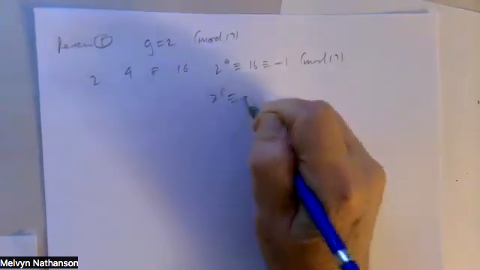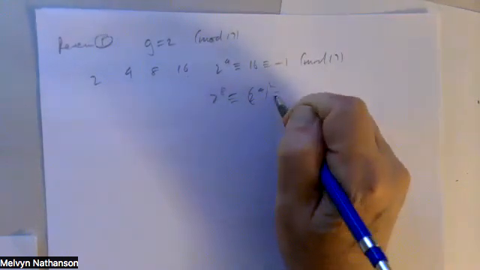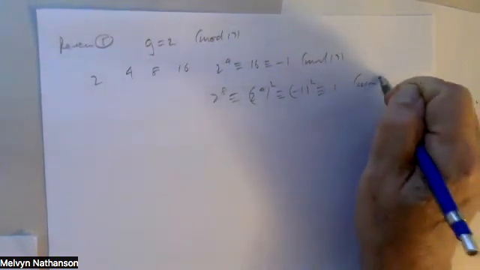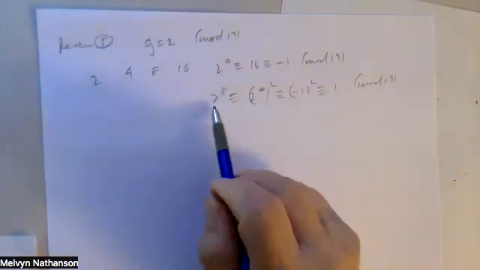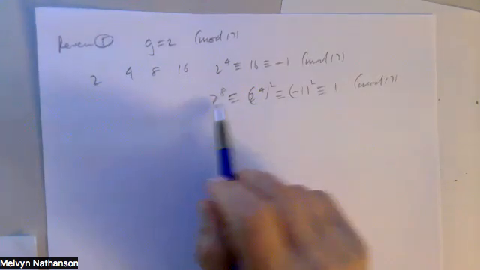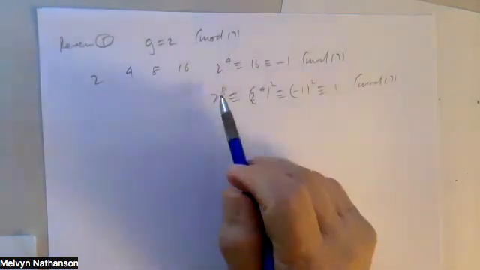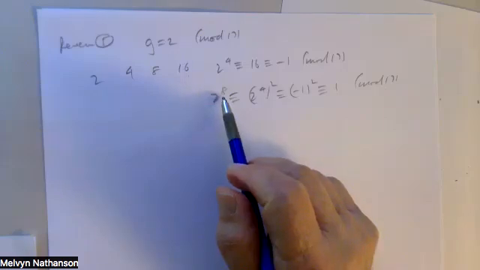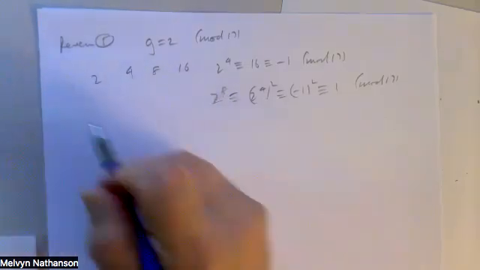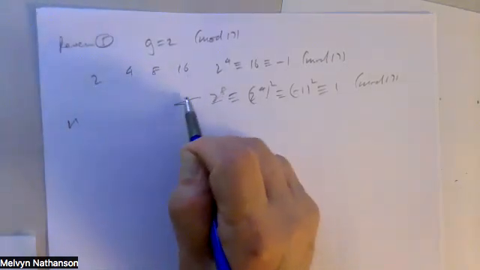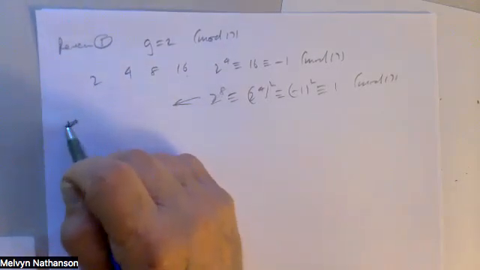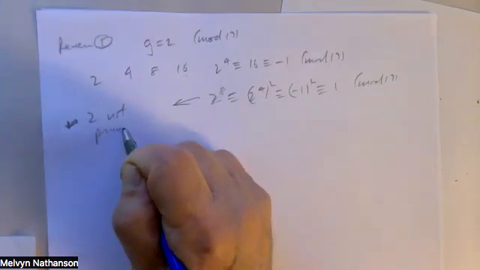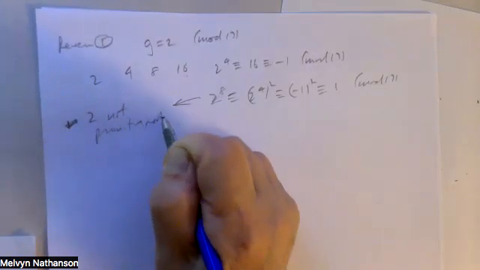So 2 to the 8th is 2 to the 4th squared, which is minus 1 squared, which is 1 mod 17. So the smallest power of 2 congruent to 1 mod 17 is 8. And for a primitive root, it has to be 16. So this proves that 2 is not a primitive root.